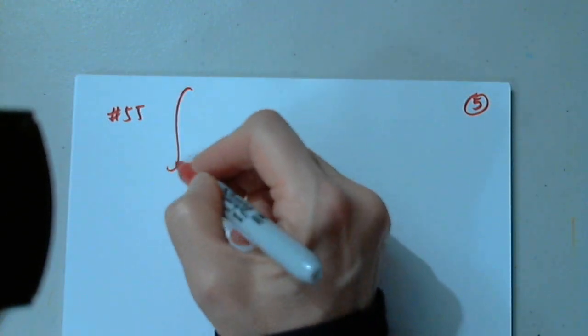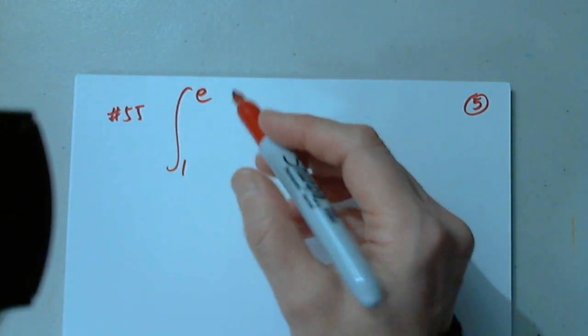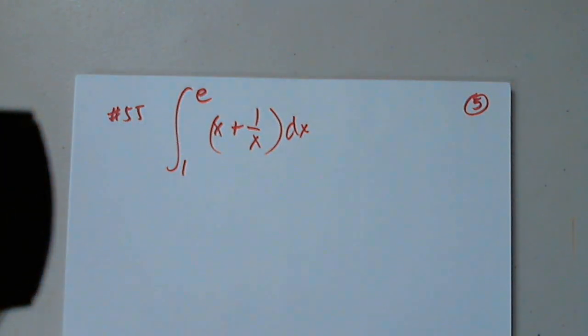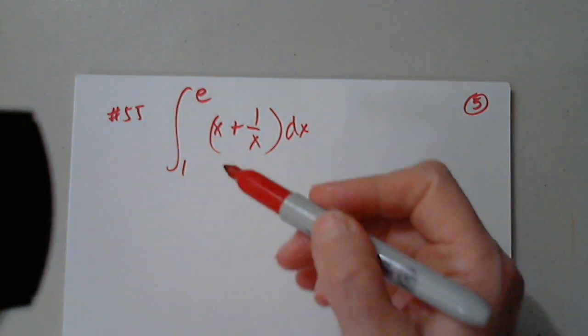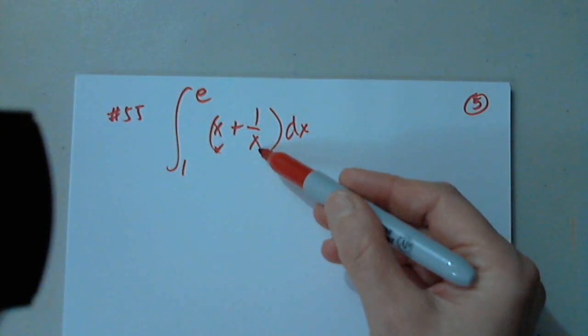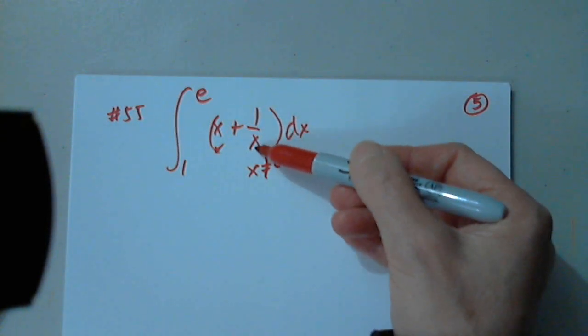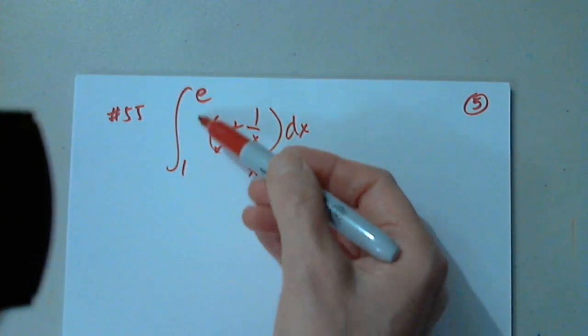Where is it? The integral from 1 to e, x plus 1 over x dx. We should always ask ourselves, is this function continuous? Yes, this is always continuous, and this is not continuous at 0, right? Only 0 is the problem, but 0 is not in the interval.